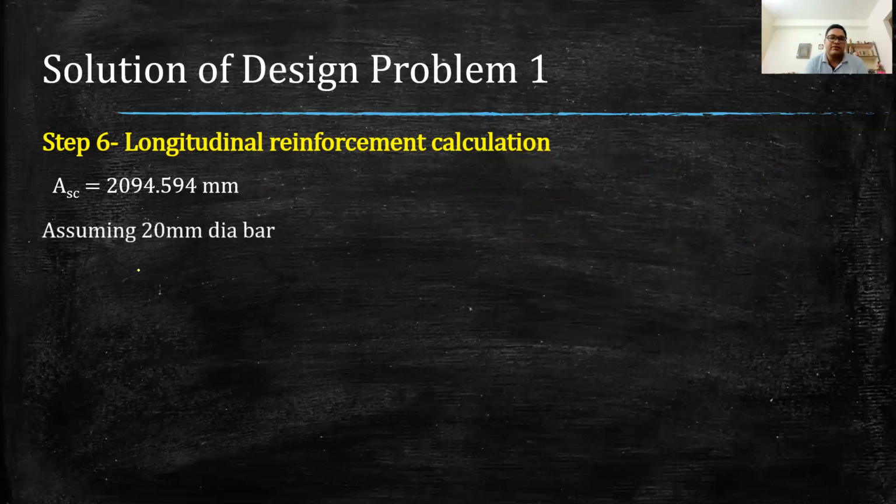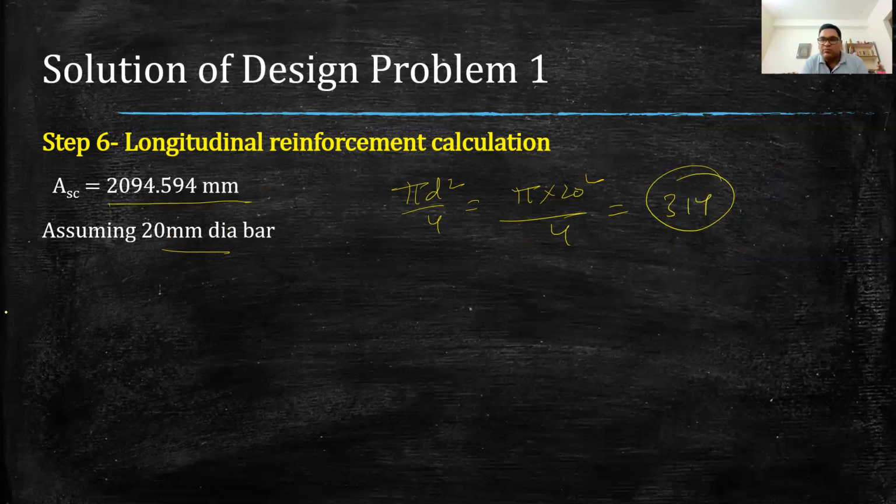So for that, say we assume that 20 mm dia bars are to be used, and area of cross section for a 20 mm dia bar will be pi d square by 4, which means pi 20 square by 4, it becomes 314. So that is the area of cross section of 1 bar. So number of bars will be total area of cross section divided by area of cross section of 1 bar.